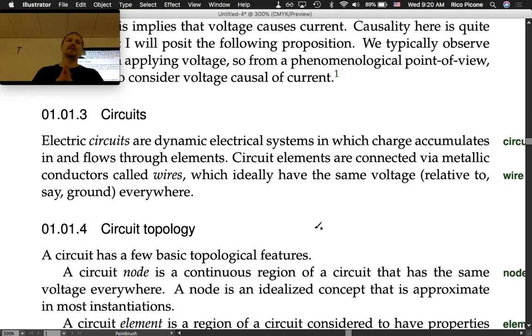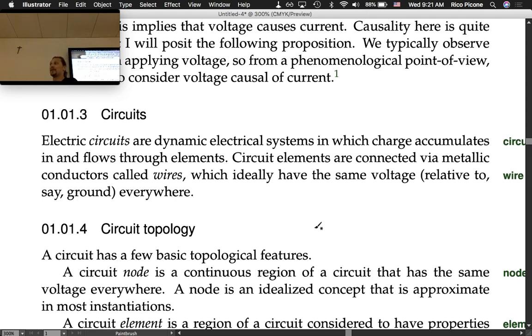Okay. Circuits. Electric circuits are dynamic electrical systems in which charge accumulates in and flows through elements, okay? So, I mean, you guys have already seen circuits. So it accumulates in parts of this circuit and it flows through the elements. Circuit elements are connected via metallic conductors called wires, which ideally have the same voltage everywhere.